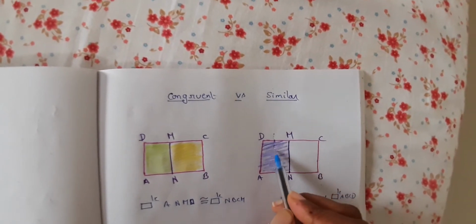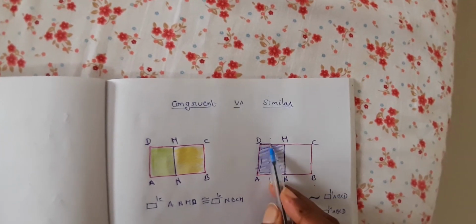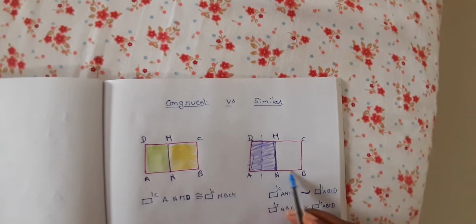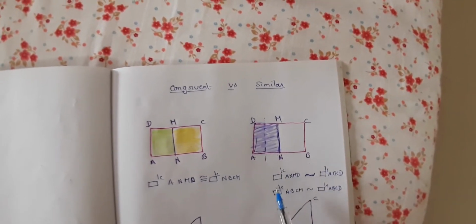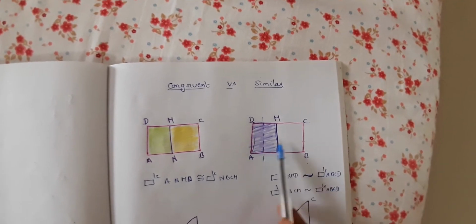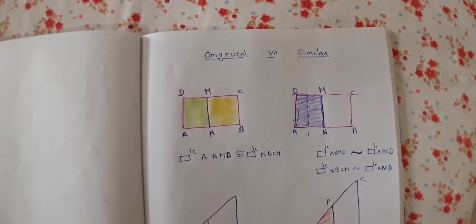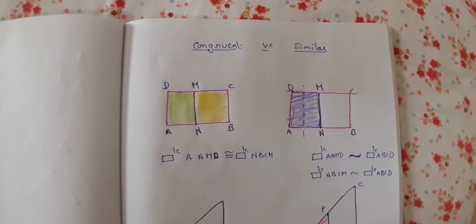If I draw the line here, this is similar to this, and this is similar to this. So like that we will be getting similarity. What is that? Shape is the same but sizes are different. Okay children, so this is how we express congruency and similarity.